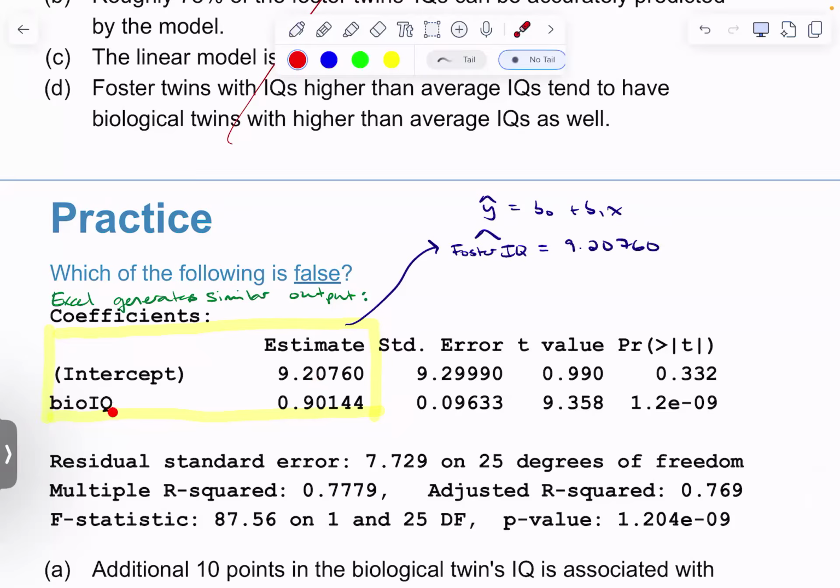And then how you read this is, okay, 0.90144 is the coefficient of the bio-IQ, which makes it the slope. And because it's positive, plus 0.90144 times the bio-IQ.